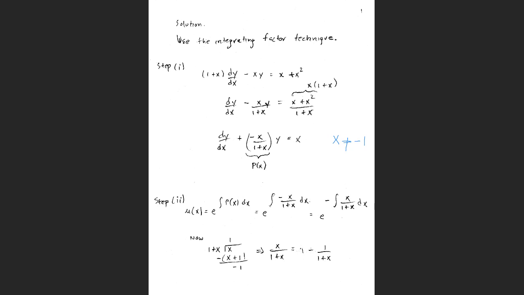Now step two, we're going to find the integrating factor. The integrating factor is equal to e to the integral of p(x) dx. Excellent, Michael. Okay, and so this is what we have. Then I'm going to factor out the negative sign.